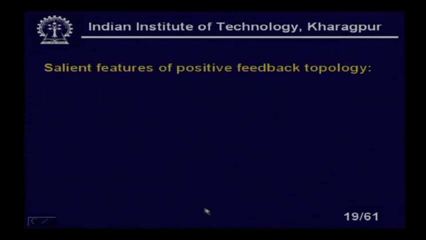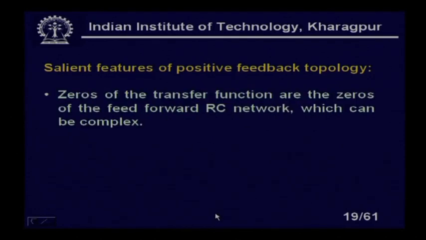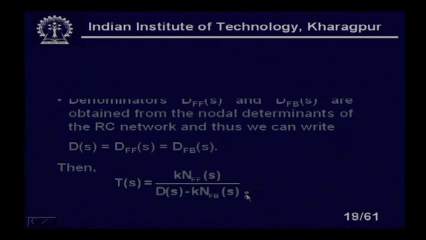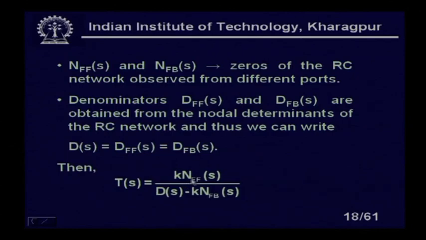So, what are the salient features of this positive feedback topology? Zeros of the transfer function are the zeros of the feed forward RC network, which can be complex, right. Quite obvious. Zeros of the transfer function depend on the zeros of the feed forward transfer function, that can be complex, clear.